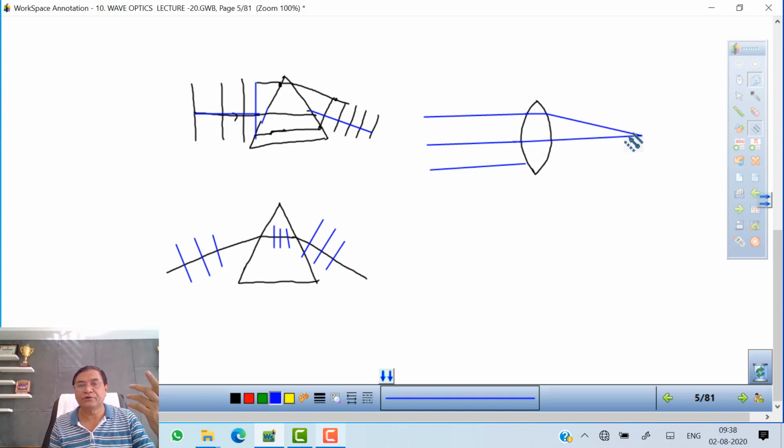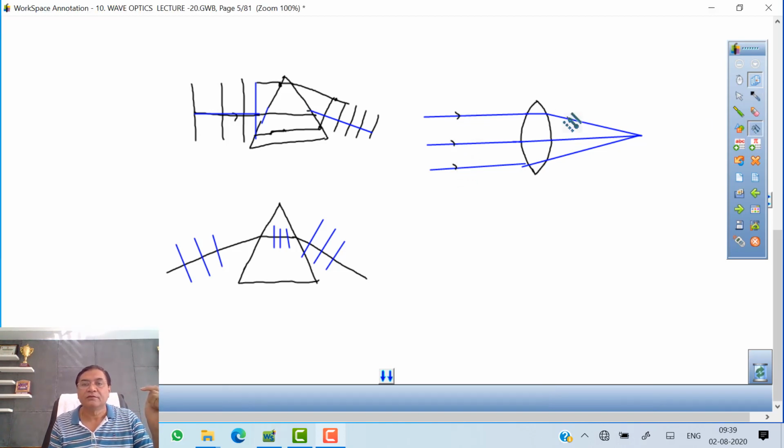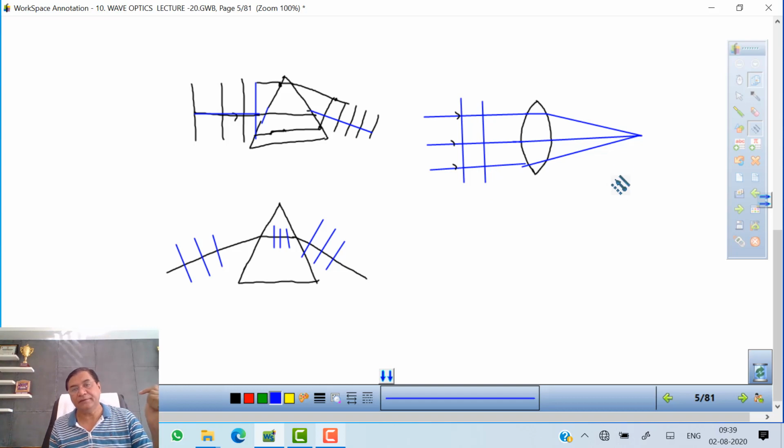We know it. Now I have to draw the wavefront. What will its wavefronts be like? It must be plane type because the rays are parallel.